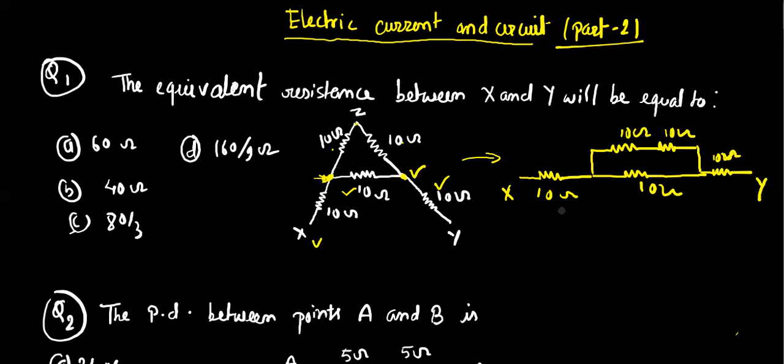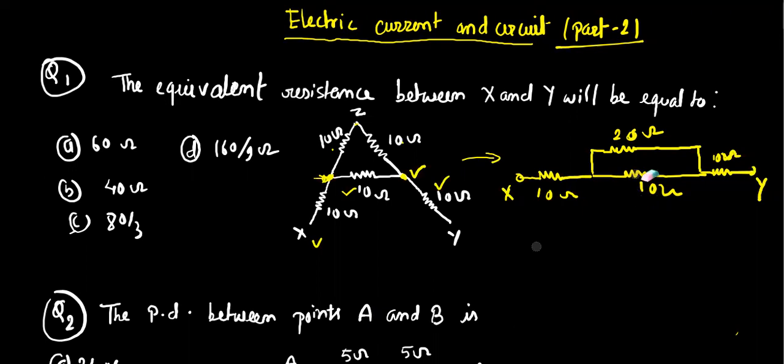So we can easily see here that these two resistances are in series. That's why we can replace them by their equivalent resistance, and that will be 20 ohm, and then we can easily say that 20 ohm and 10 ohm are in parallel combination.